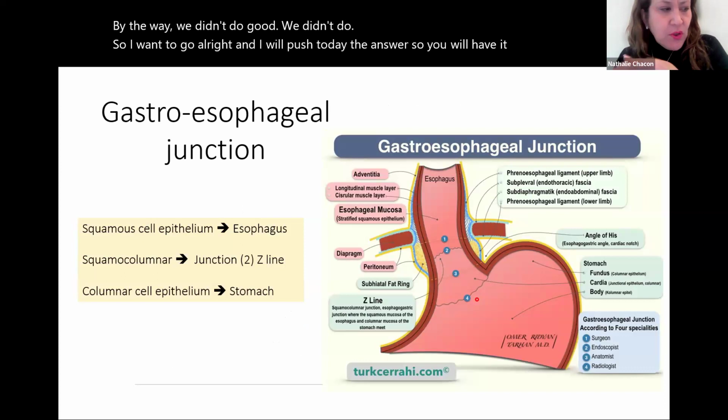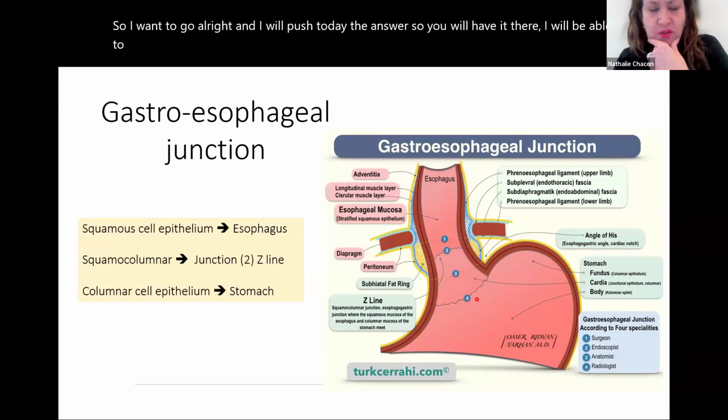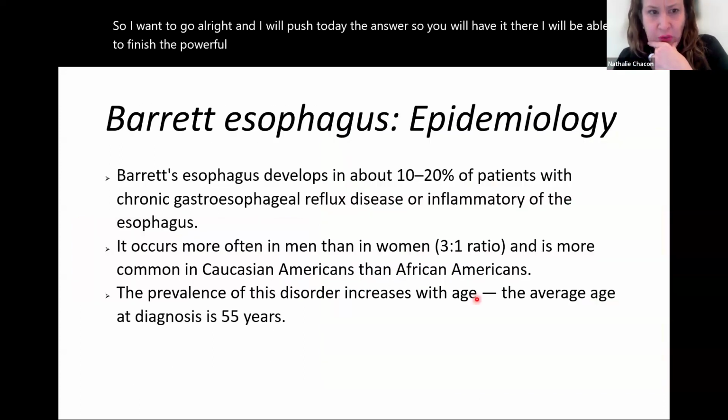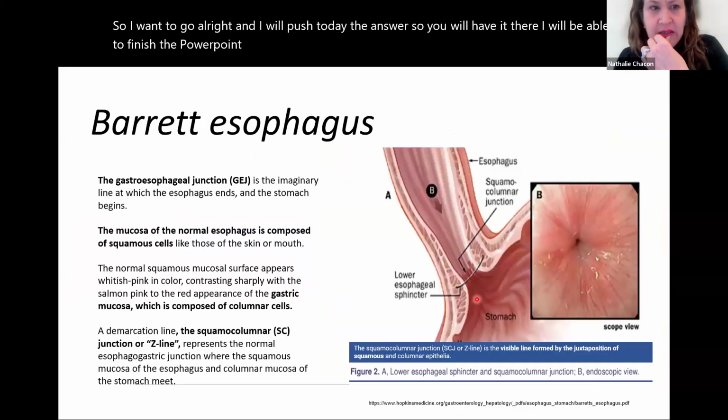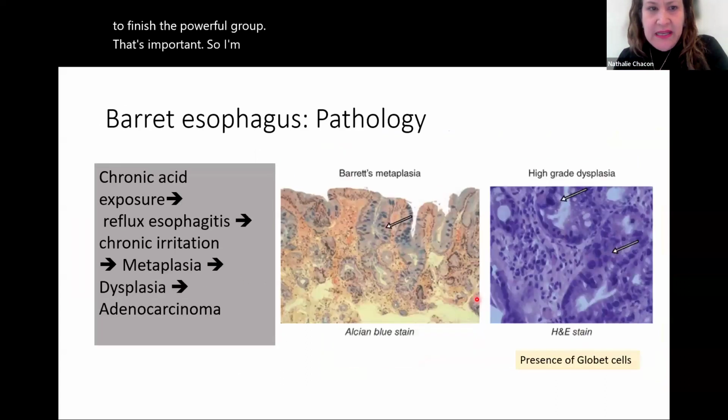I will also publish the PowerPoint that we used for our review, so you will have it handy. That's important. So I'm just going over the class for tomorrow, so you will have an idea. You also have the part of the stomach, so we need to cover that also tomorrow, but we're going to do it with the case.